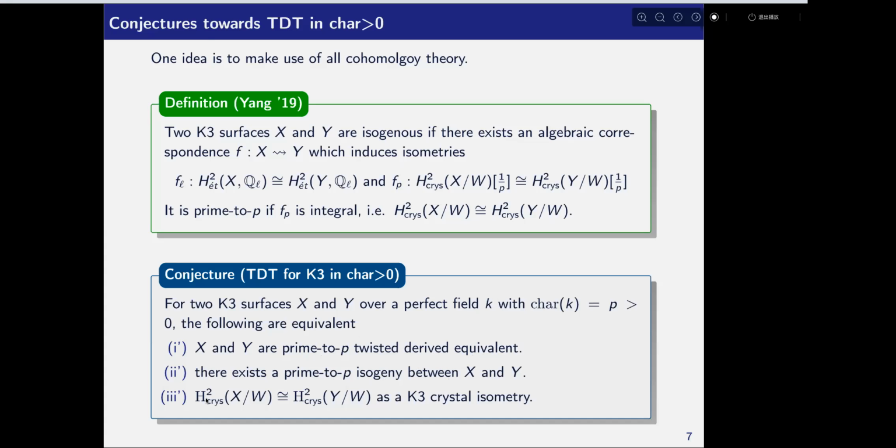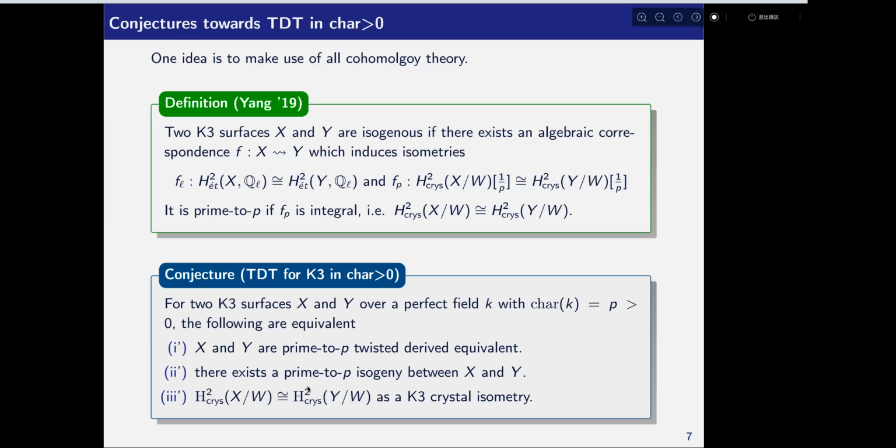The last one is a cohomological realization of the twisted derived equivalence.